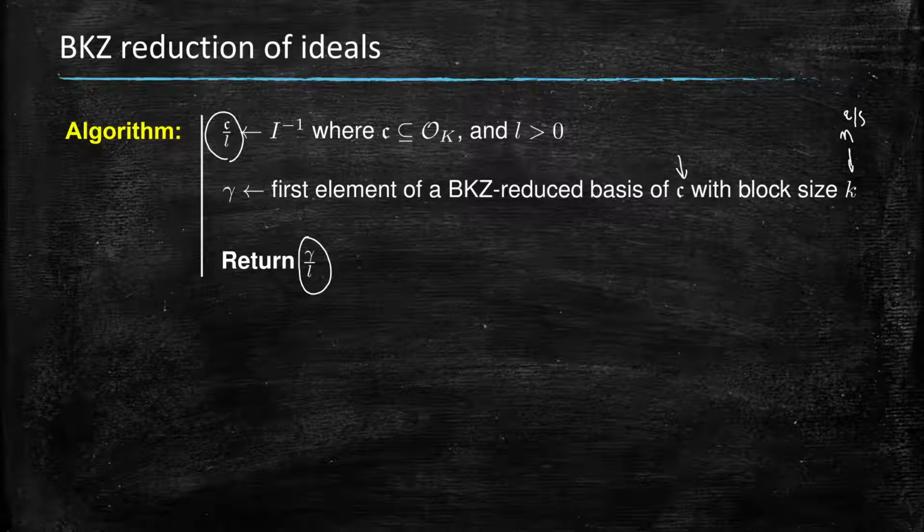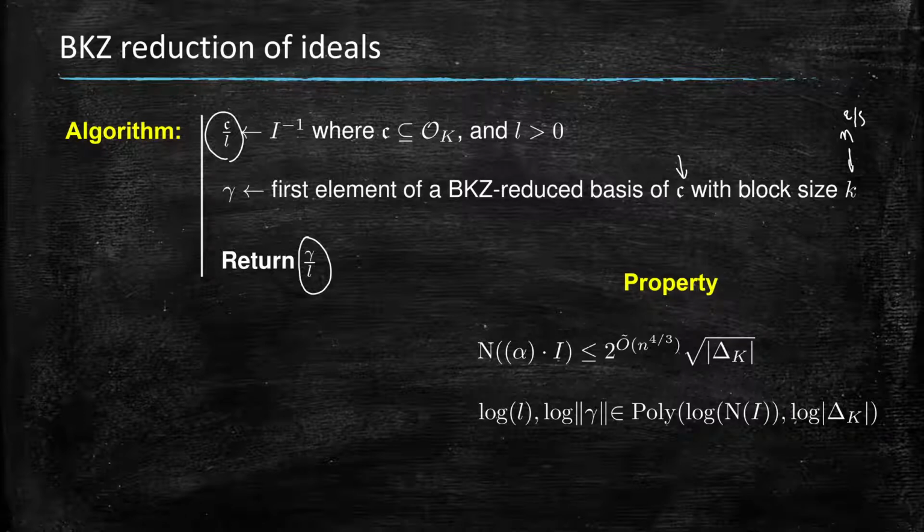Now, what is the interesting property of that element? Let's call it alpha. When you multiply the input I by alpha, what you get is an ideal which satisfies two important properties. First, of course, it's in the same equivalence class as the original ideal I, but on top of that, its norm is bounded.